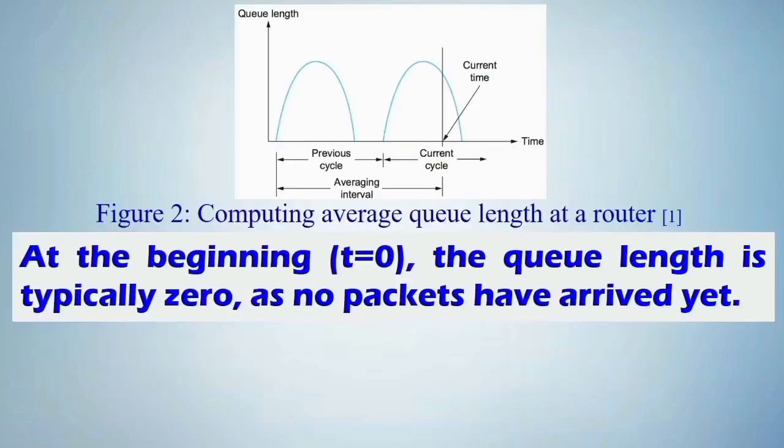At the beginning, t equal to 0, the queue length is typically 0, as no packets have arrived yet.